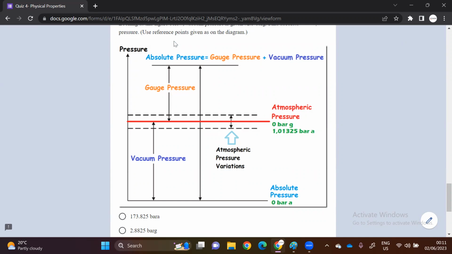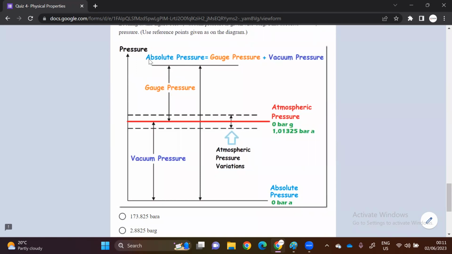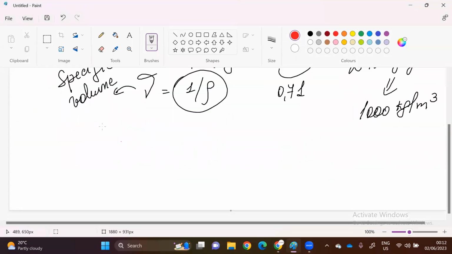If you want to measure the absolute pressure, you also need to consider the absolute vacuum, 0 bar A. And don't make mistakes: absolute pressure is bar absolute, bar A, and gauge pressure is bar gauge, bar G. Additionally, we have 2 types of gauge pressure, positive and negative. The positive is positive gauge pressure, but the negative is mainly called vacuum pressure, and it's below atmospheric pressure.